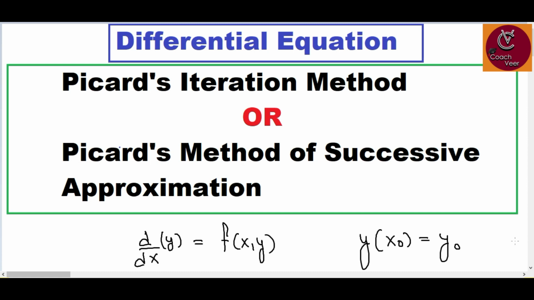So let's start. As you already know, differential equations work with equations where you have f of x, y with initial conditions x naught and y naught. But here I am talking about a differential equation which has not one, but two dependent variables.